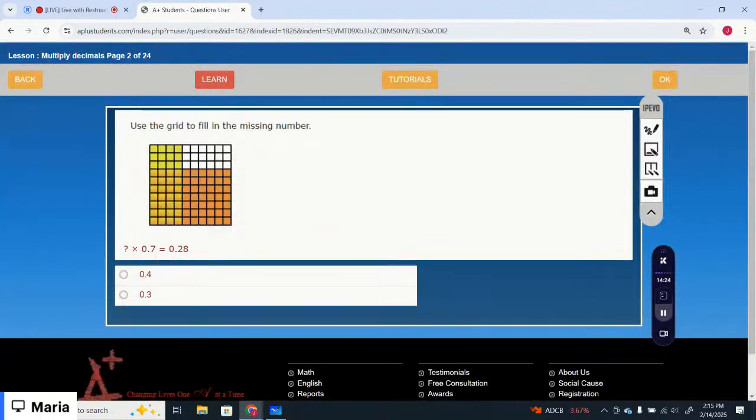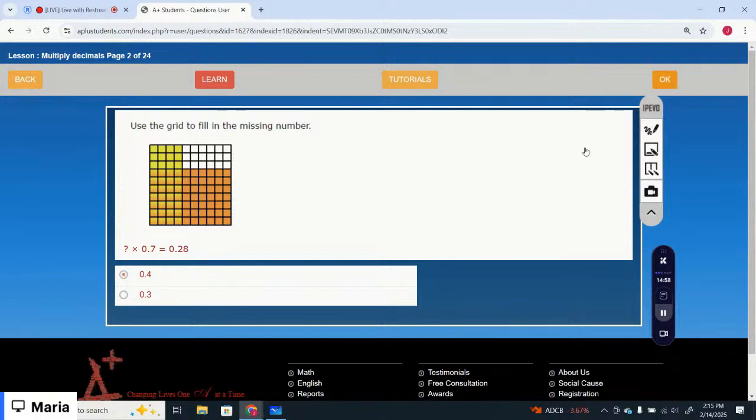Use the grid to fill in the missing number. 0.7 times what number makes 0.24? That is 0.7 times 0.4.